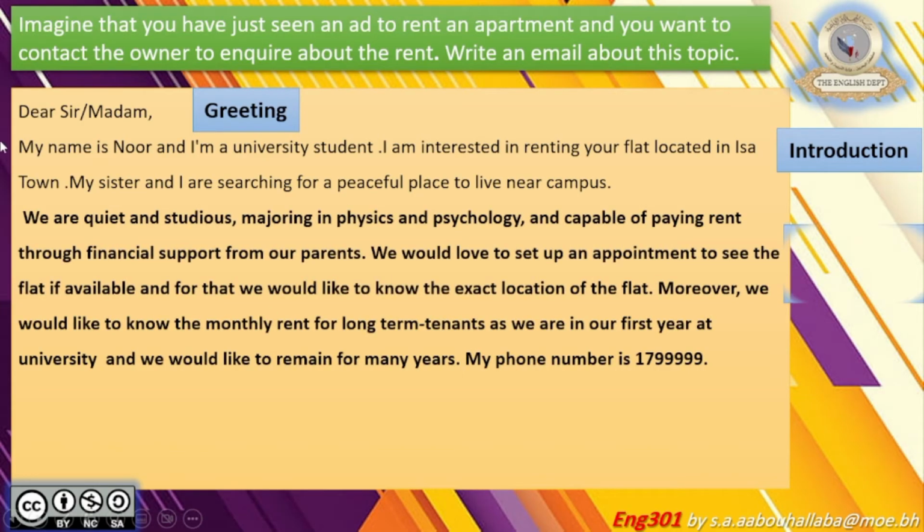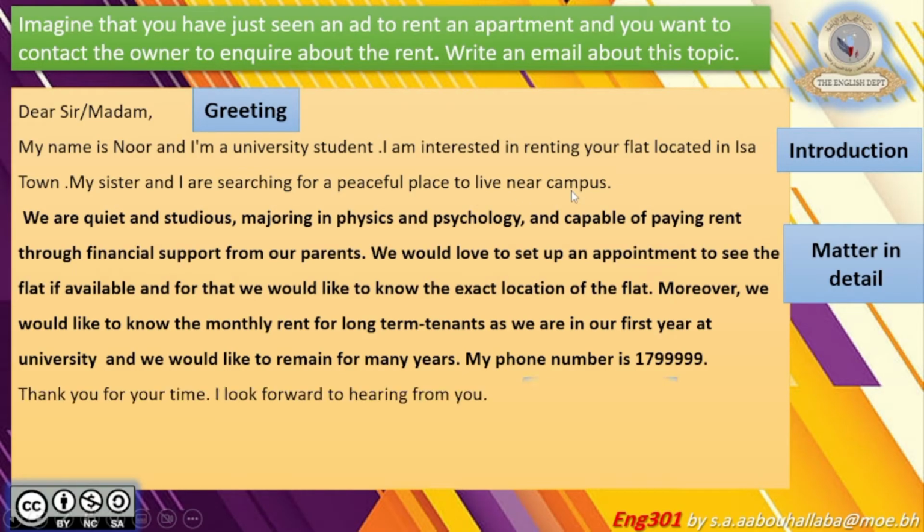This is how it should go. Dear sir or madam, you don't know the name of the guy. That's the greeting. My name is Noor and I am, he says, I'm a university student. I am interested in renting your flat located in Isa town. My sister and I are searching for a peaceful place to live near the campus of the University of Bahrain, of course. This is the introduction, and then the matter in details.